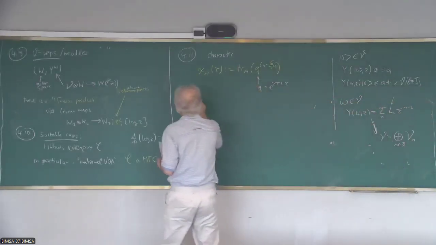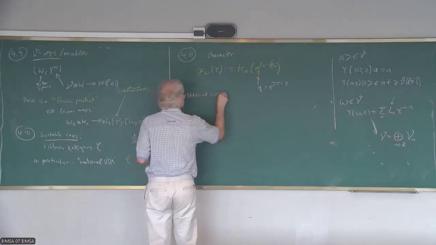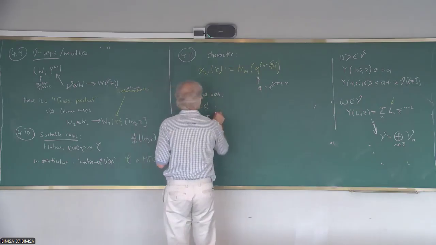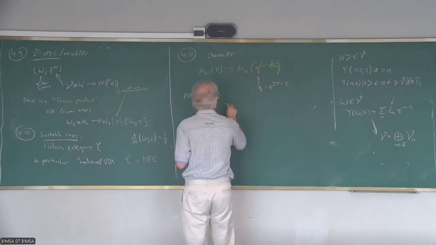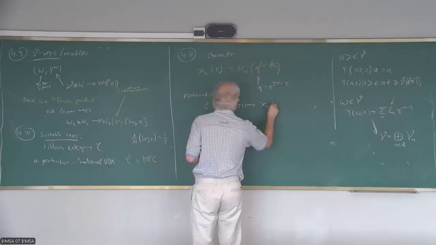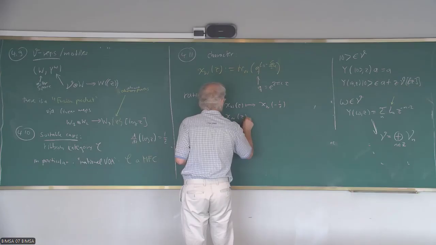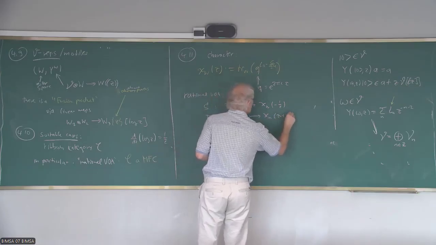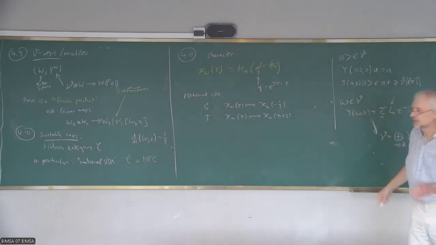And in the case of a rational vertex operator algebra, one knows that there is an action of the modular group, which sends chi at tau to chi at minus 1 over tau and tau plus 1, but you can define this in any case.